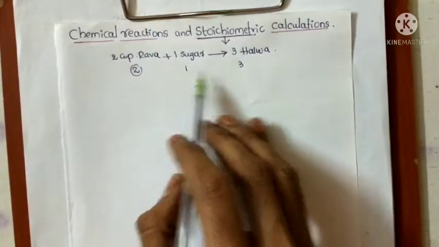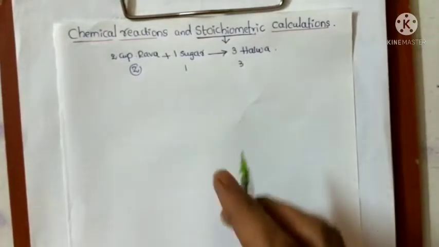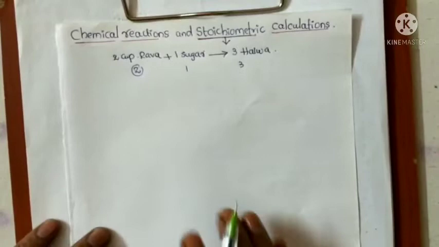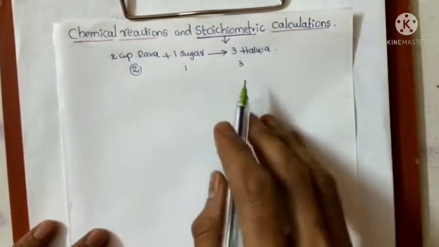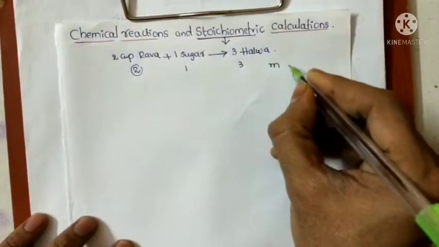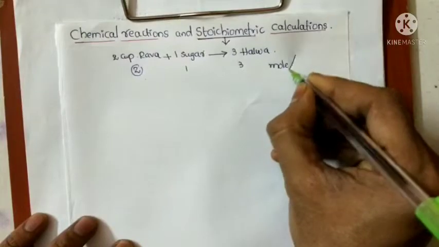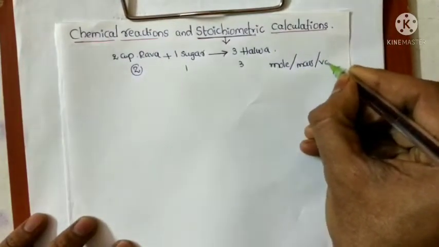These are also called reaction coefficients. The quantities of reactants as well as the products can be expressed in moles, or masses, or volumes.